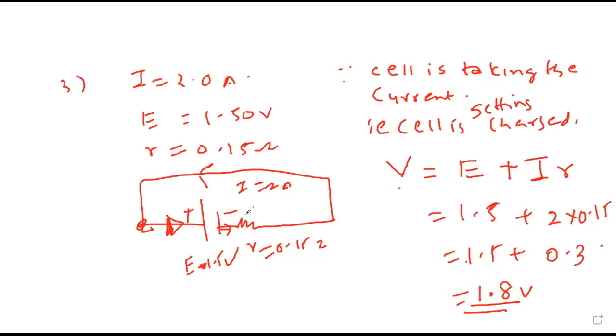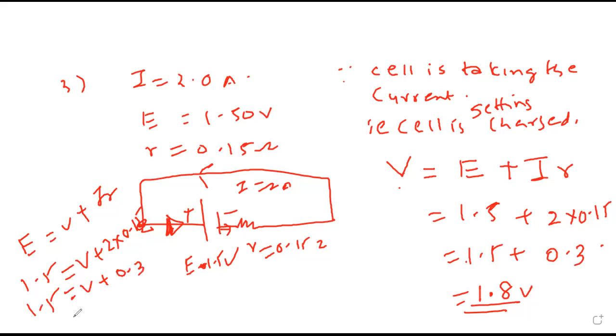If positive to negative, then E is equal to V plus Ir. 1.5 is V plus 2 into 0.15, 1.5 is V plus 0.3. So it will become 1.2 volt, which is option D. In that case current will go from positive to negative, but here they have used the words from negative to positive.